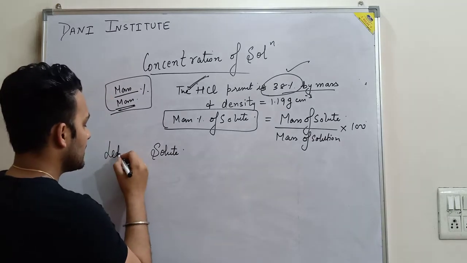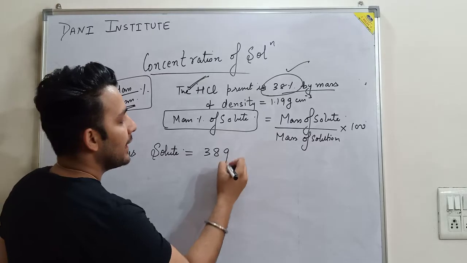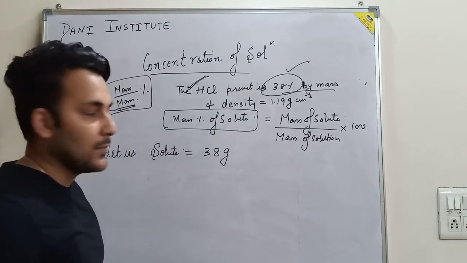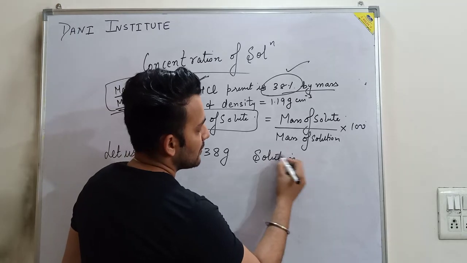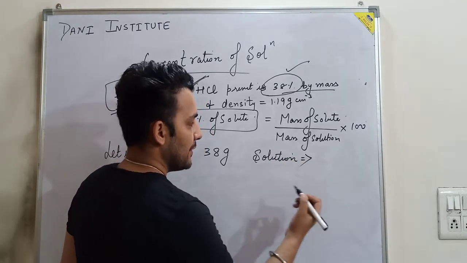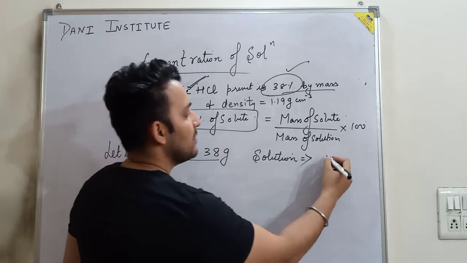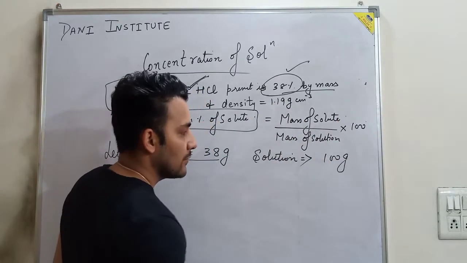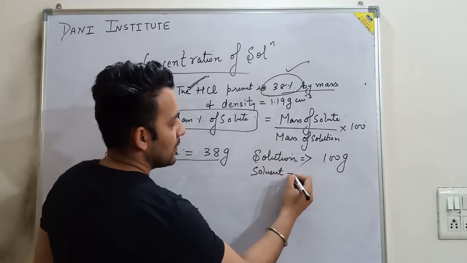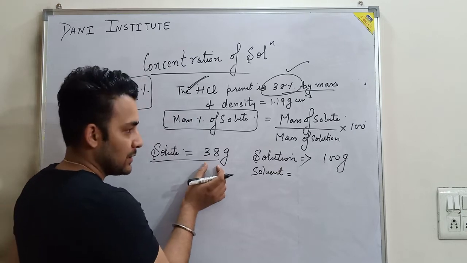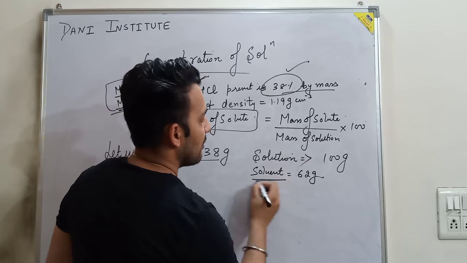So let us consider solute is equal to 38 gram and whole solution will be 100 gram. Solvent in which HCl is dissolved, 100 minus 38, will be 62 grams.